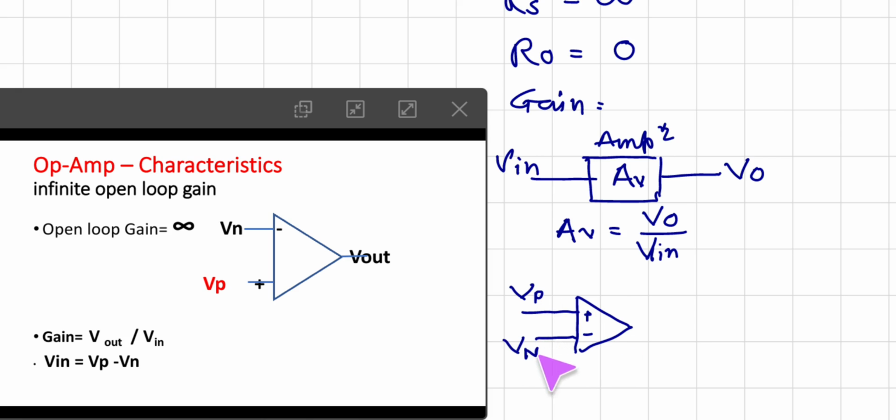You may call it V1, V2, etc. And the output voltage is Vo.